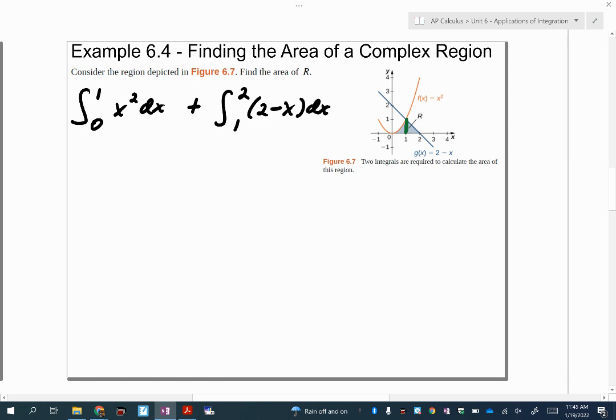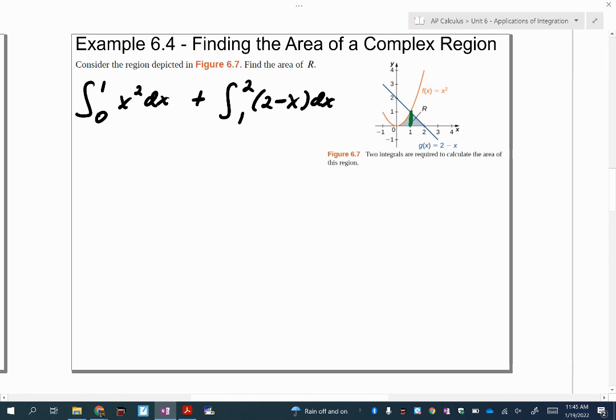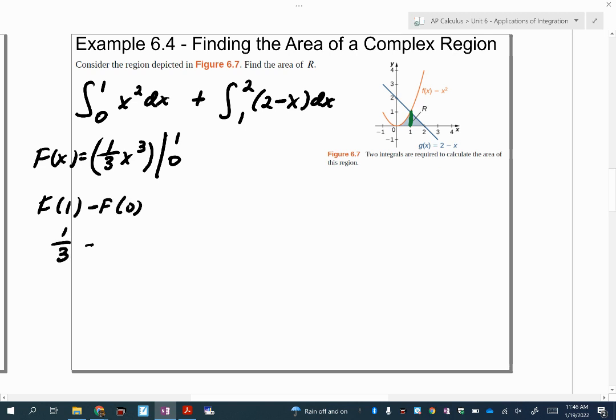All right, so it's kind of like two different pieces to solve. So we know this one, the antiderivative here, is going to be 1/3 x cubed evaluated at 1 and 0. So we can find that real quick. f of 1 minus f of 0, that's going to be 1/3 minus 0, or 1/3. Okay.